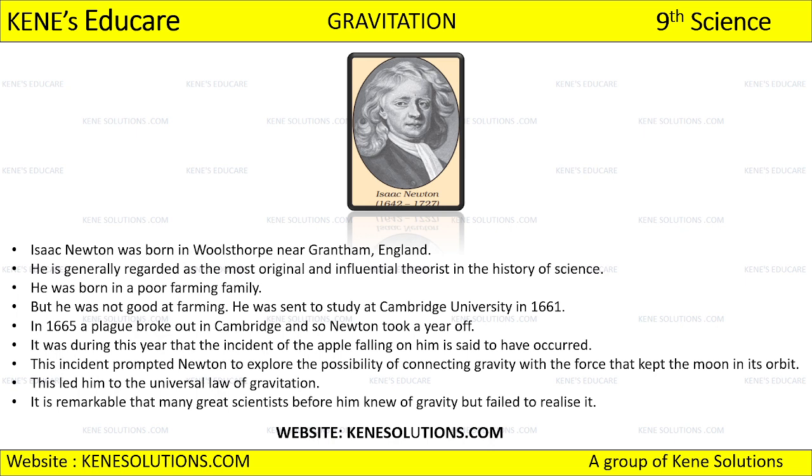He started thinking about this incident. This incident prompted Newton to explore the possibility of connecting gravity with force, right? This is how the universal law of gravitation came into existence.